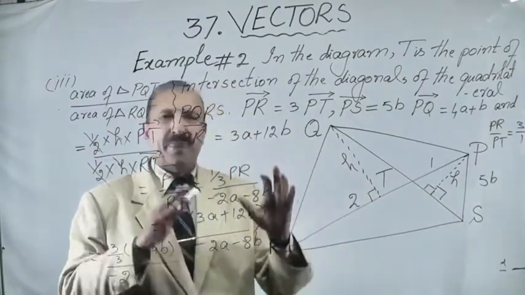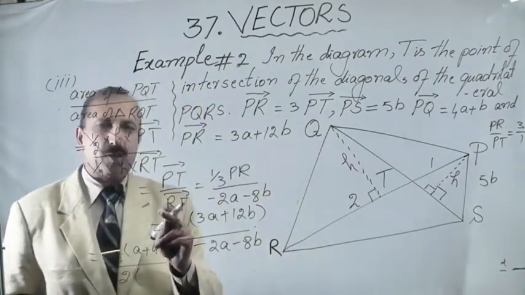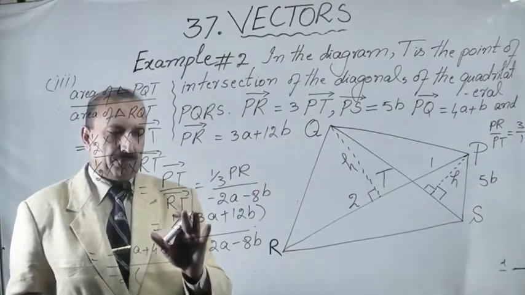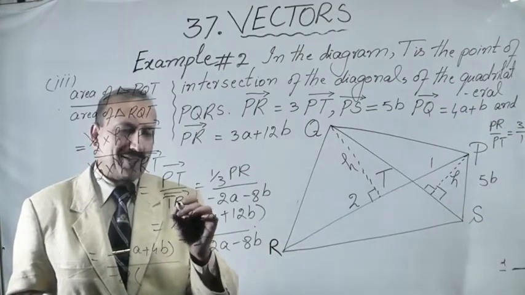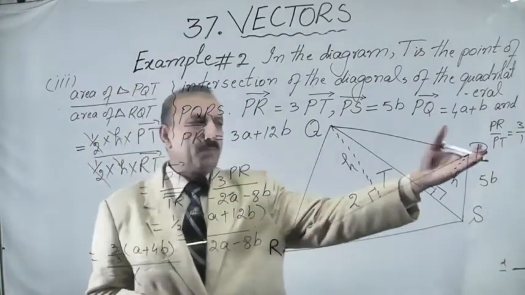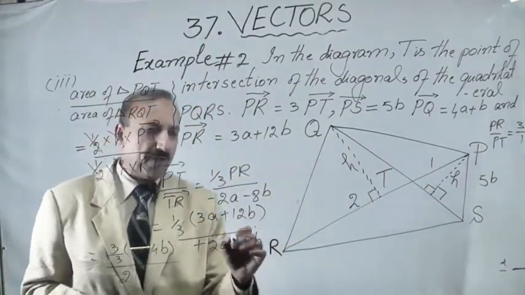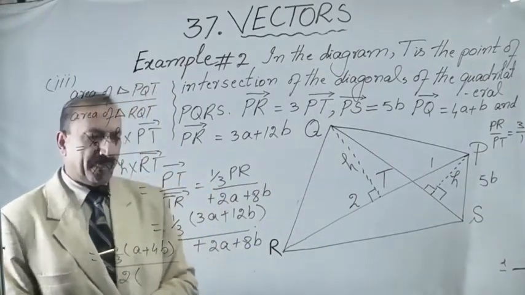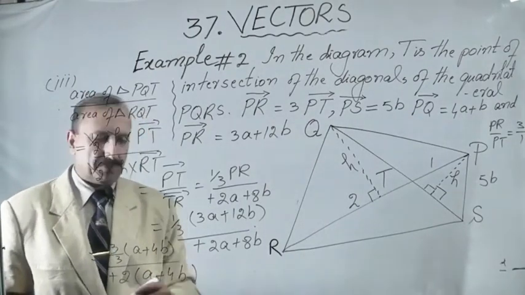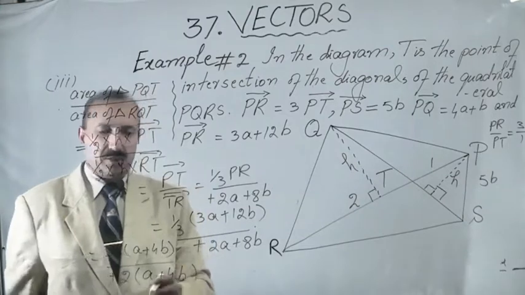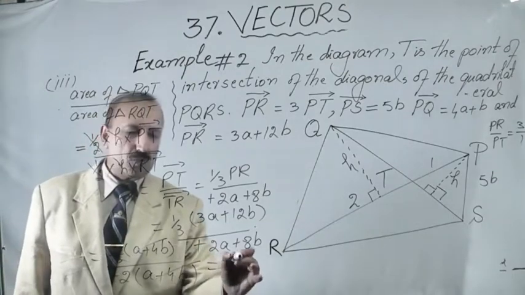If we make their direction the same, then RT would be TR. So we are supposed to erase it and write TR. Because we're using PT, we need the same direction vector TR, and this will change the sign of these vectors. Yes, they will be positive. Now we take the positive common too, and we have A plus 4B. Now this 3 is cancelled with this one, and this is cancelled with this whole vector, and we got the ratio 1 by 2.